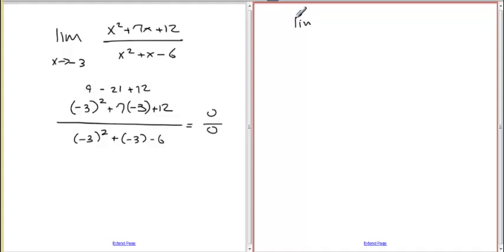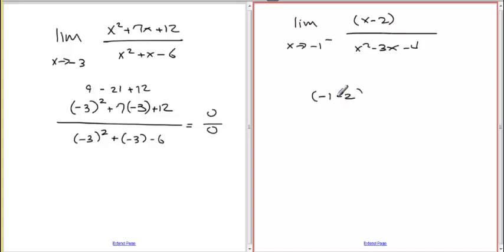Okay, so let's go back here and regroup. Okay, so here we go. This one I'm pretty sure is. Okay, so here's the limit question. Plug the number in. So you plug -1 in. This negative is just telling you which side it's coming from. So you get -1 minus 2 in the numerator, and you get -1 squared minus 3 times -1 minus 4 in the denominator.